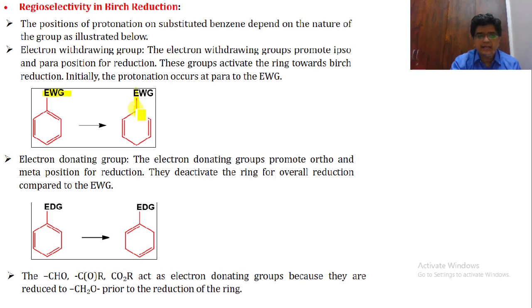So this is the sp3 carbon. Whenever we have an electron donating group, like OCH3, CH3 group, etc., then at that time, when it undergoes Birch reduction, the electron donating group will be attached towards the sp2 carbon.